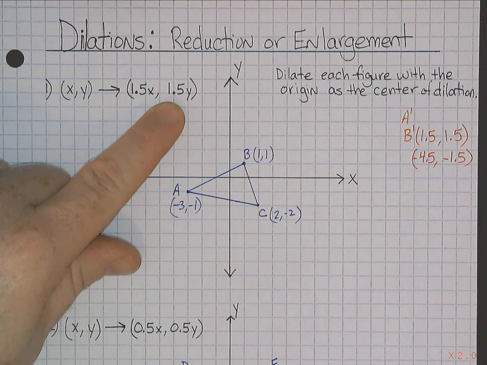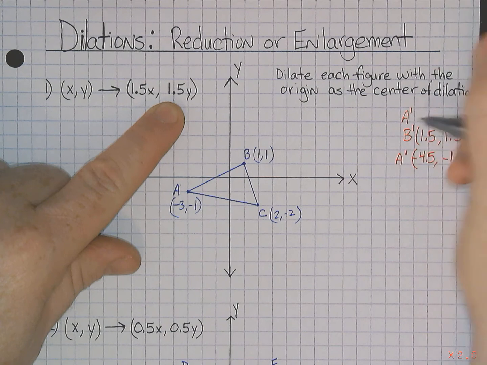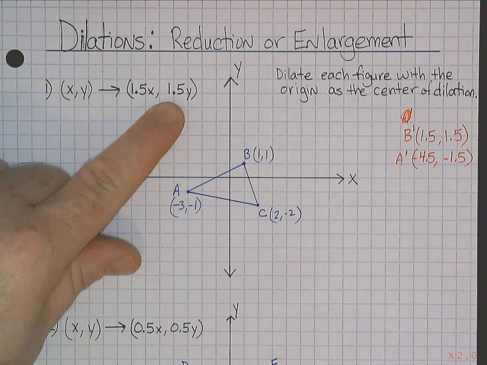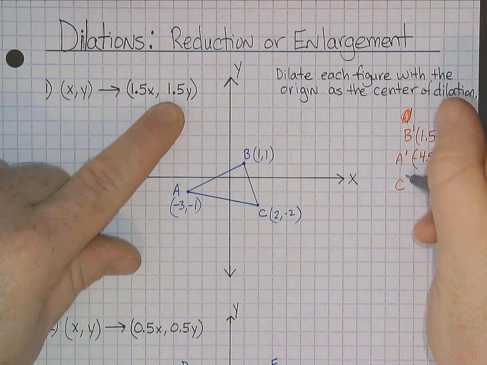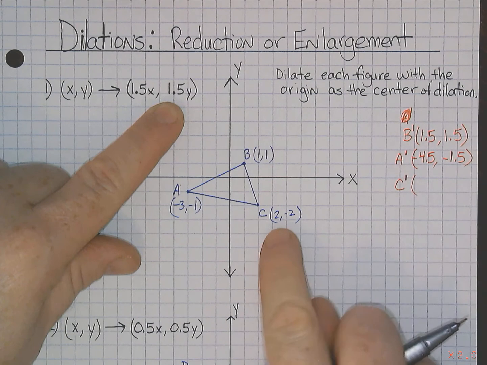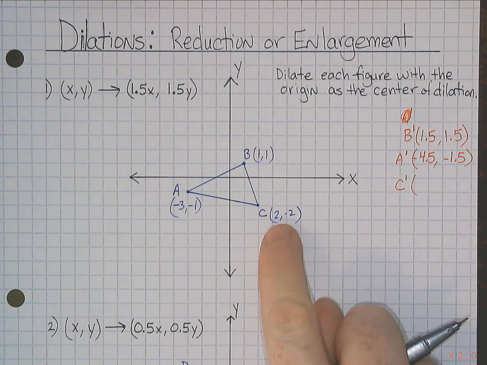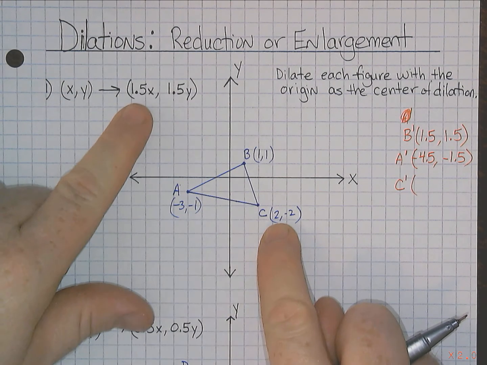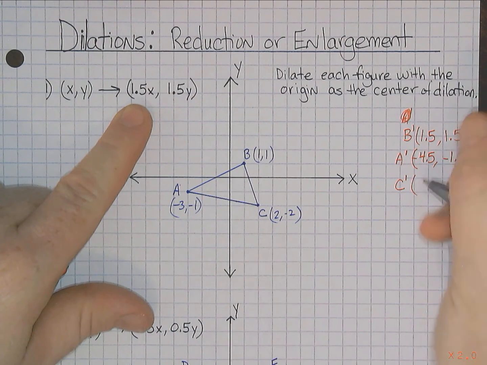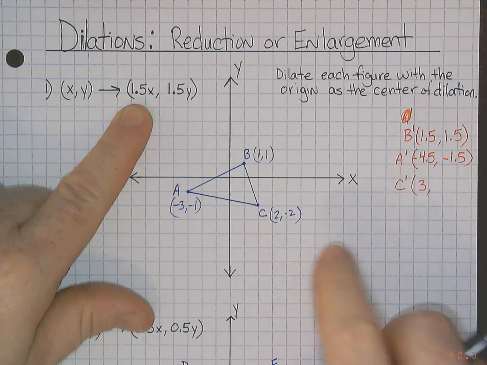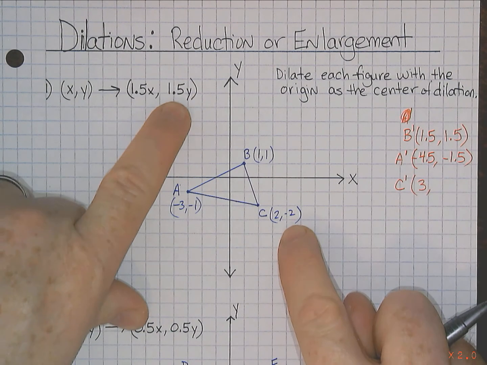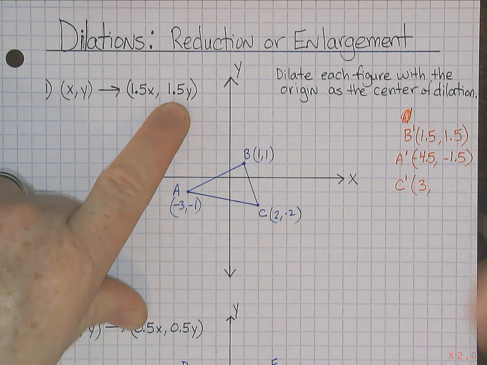Okay, so this is A prime. So for C prime, we're going to take 2. That's your x value. Multiply that by 1.5, and you should get 3. And then negative 2 times 1.5 will be negative 3.